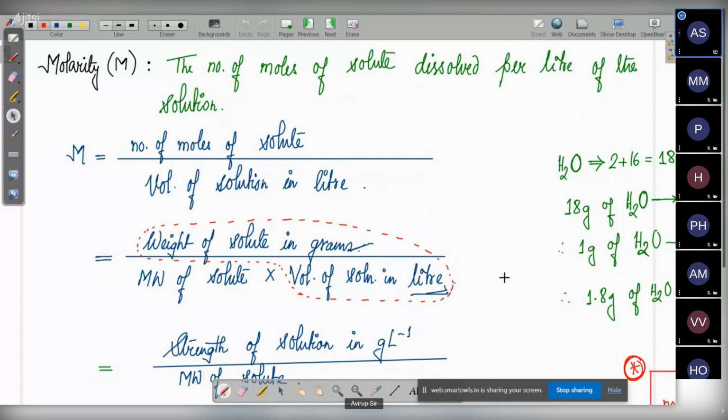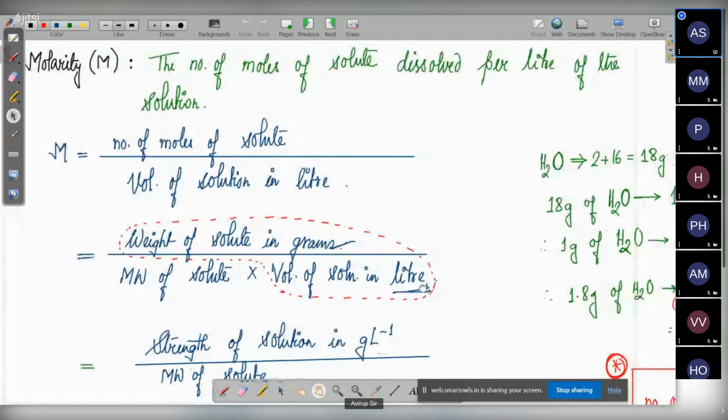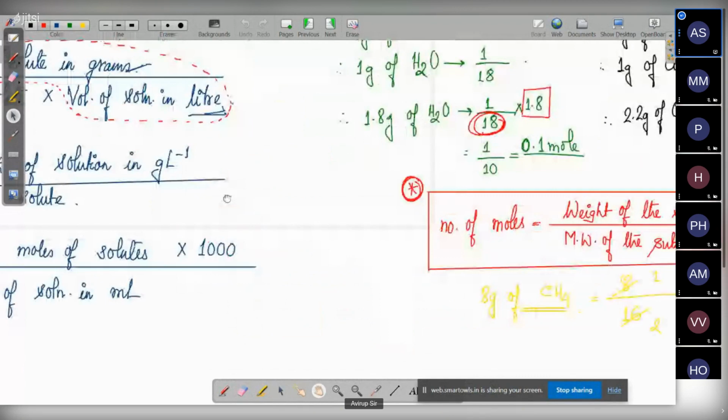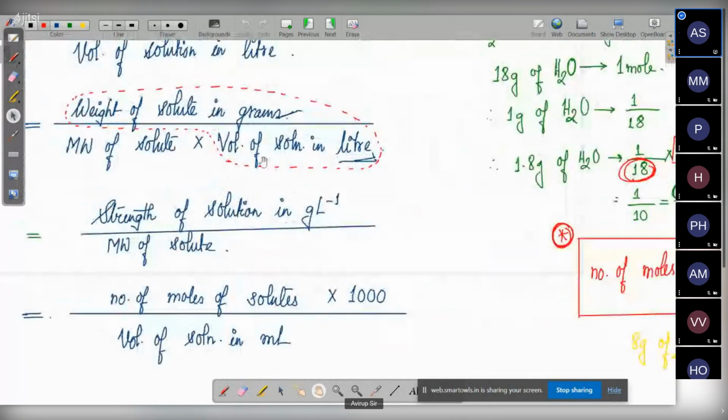And how did we come to this derivation? We wrote that number of moles was equal to weight by molecular weight, the weight of the substance divided by molecular weight of the substance. And then weight by volume of solution in liter was written as the strength of solution, right?